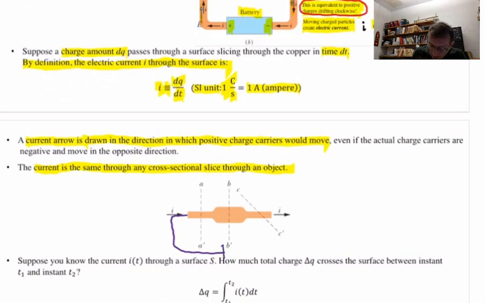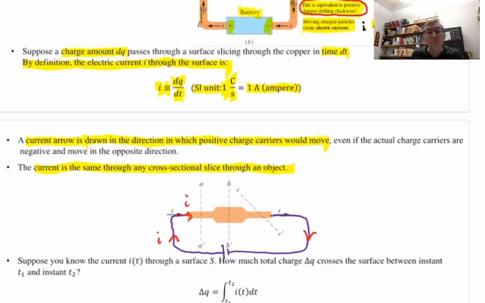I'll draw it as a circuit diagram. It's more copper wire connected to a battery, so that we have a complete circuit, and we have conventional current I flowing clockwise around this loop.